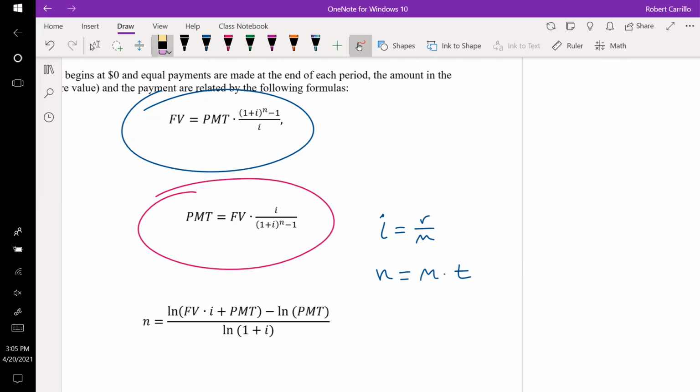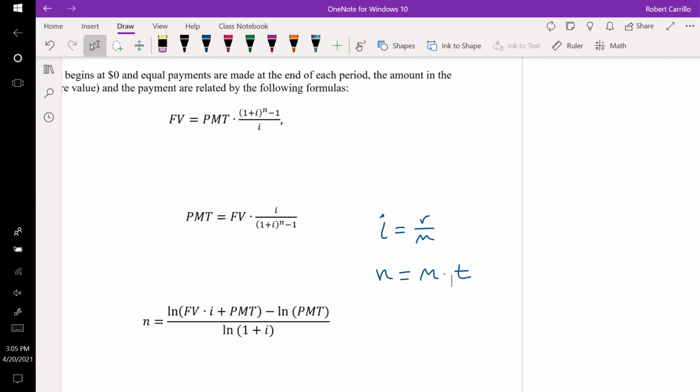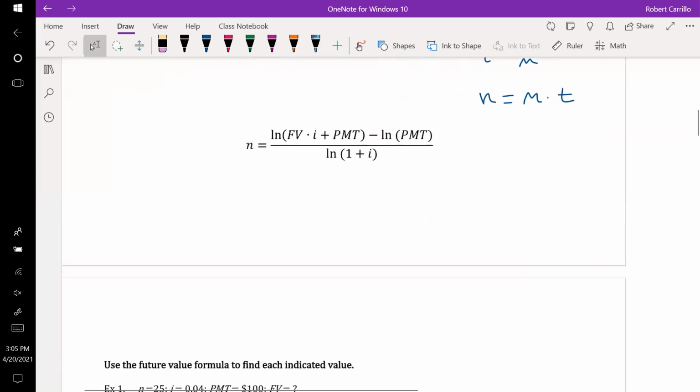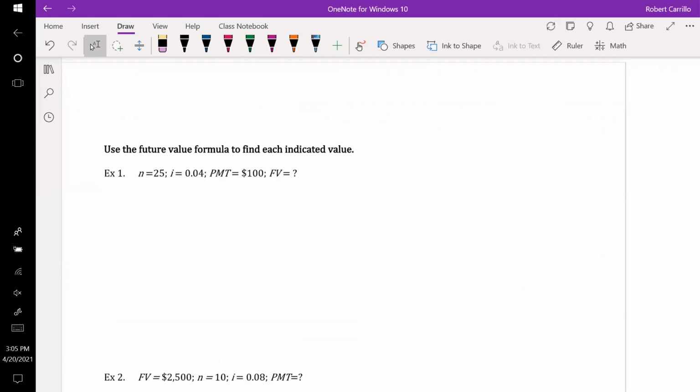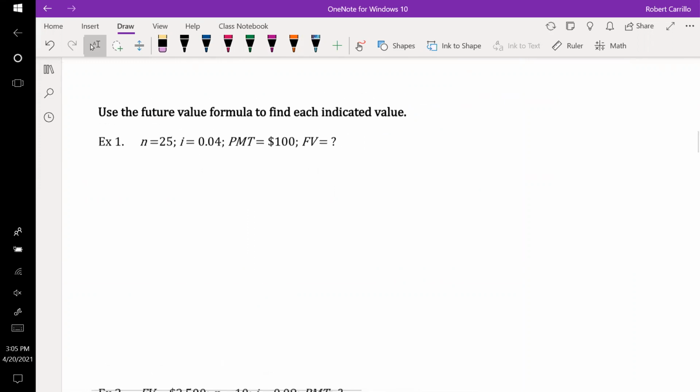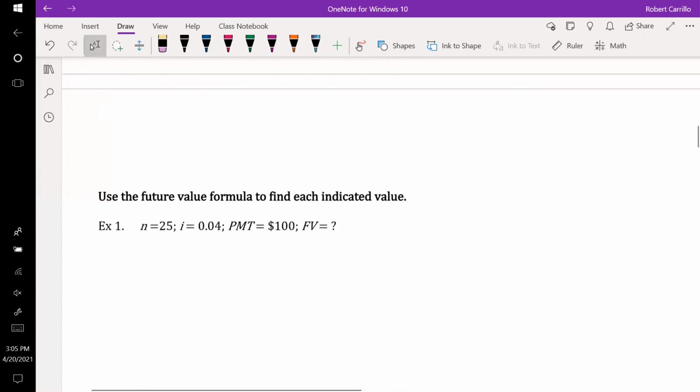Okay. So of course, we will practice using these formulas in the problems below. And number 1 says, use the future value formula to find each indicated value. So they're giving us all the components. All we have to do is plug it in. So here, N is 25, I is 0.04, payment is 100, find the future value. So let's plug it into that formula above.